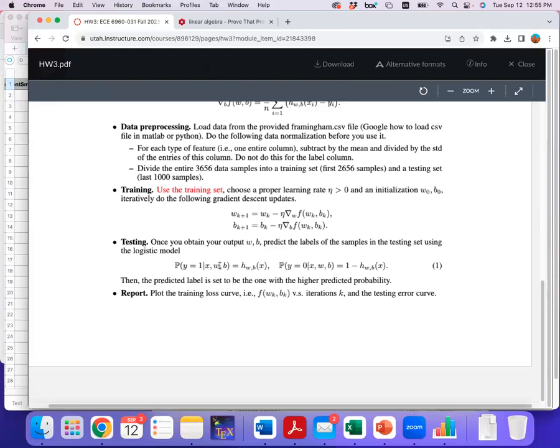Now, given your W and B, given a feature, maybe you pick one patient in your testing samples, and x is the features of that patient. And then you just calculate this. h_{W,b}(x) is the probability that you will predict 1. And otherwise, 1 minus this one is the probability that you will predict 0.